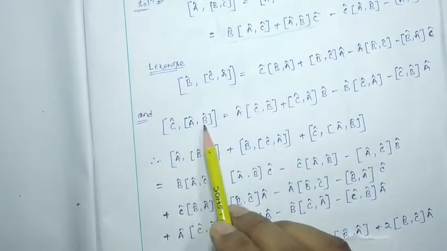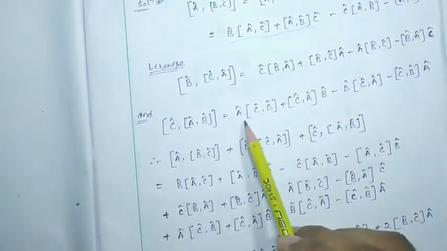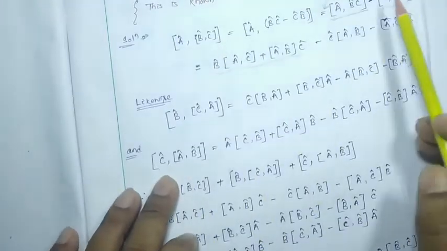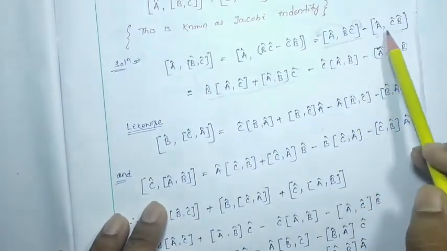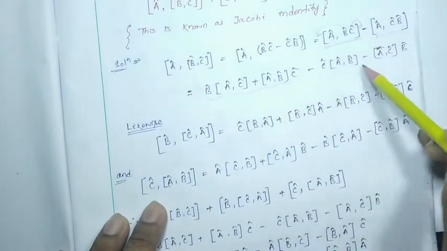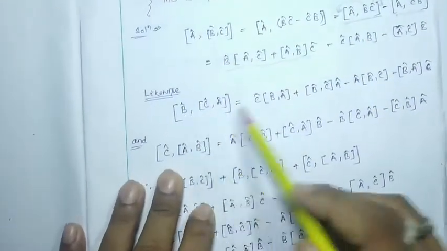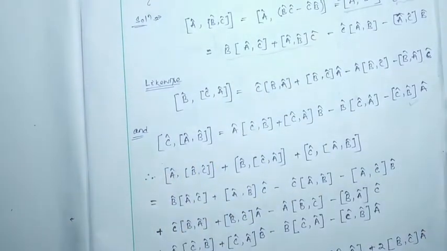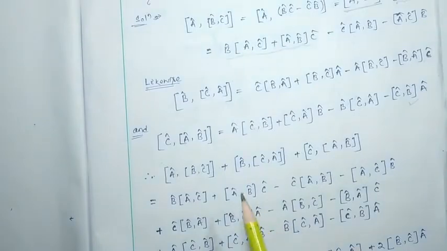Similarly, c cap a cap b cap whole commutation can be written like this. This can be done step by step, and similarly we can write for this one equal to this one, and this one will be this one. Now we have to add the terms, simple.